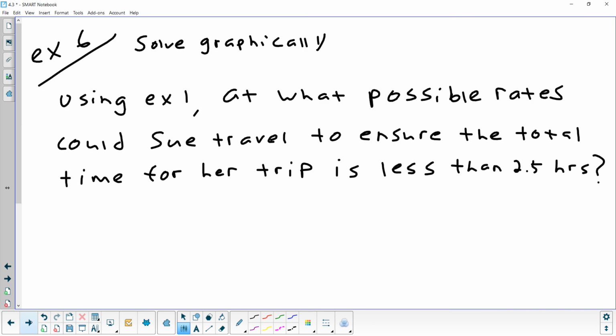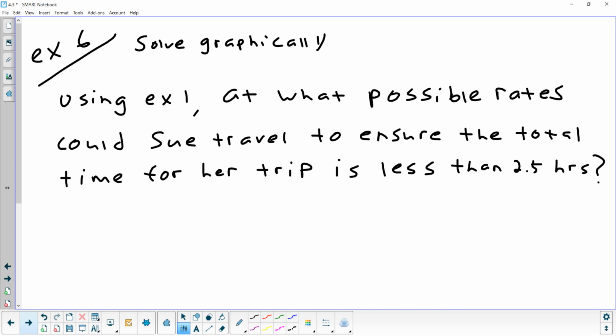Okay, so now going back to that first problem we did, it says, what possible rates could Sue travel at to ensure she completes her trip in less than 2.5 hours? So this is kind of leading us into the last thing for the section. What type of problem is this, compared to me saying, what speed would she travel at to complete the trip in exactly 2.5 hours versus less than 2.5 hours?